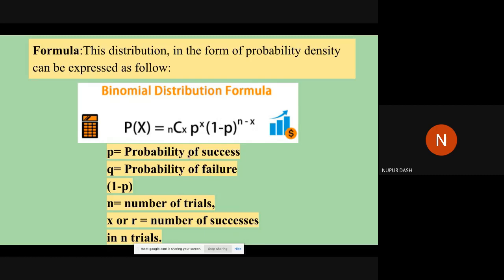And 1 minus p is q. Okay. Which is stating probability of failure. So if half is the probability of success, so naturally what would be the probability of failure? Half. Okay. You can also compute it by 1 minus p. So what would be here? 1 minus half. You will get half.